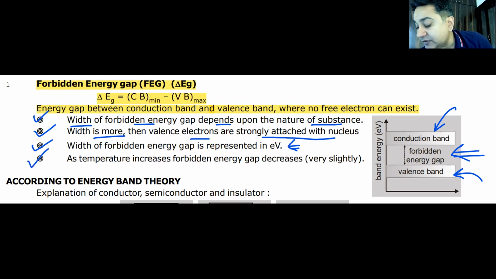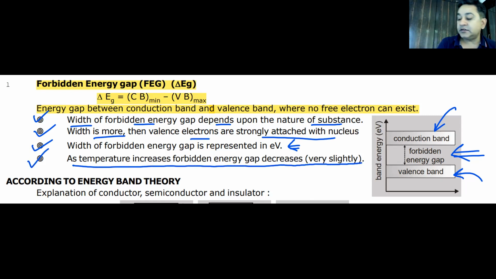As temperature increases, a very important point, the forbidden energy gap decreases. Electrons get more energy, so they can easily jump from the valence band to the conduction band, and therefore the width decreases. Do we understand this? Please note this down. I'll give you a minute.